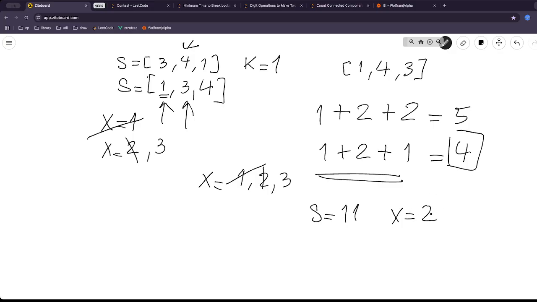Well, 11 divided by 2 is 5.5, right? So with 5, you're going to be 1 short. So you need to round up. That's why we take the ceiling, which is 6, right? So this is the idea. It's simple, right?